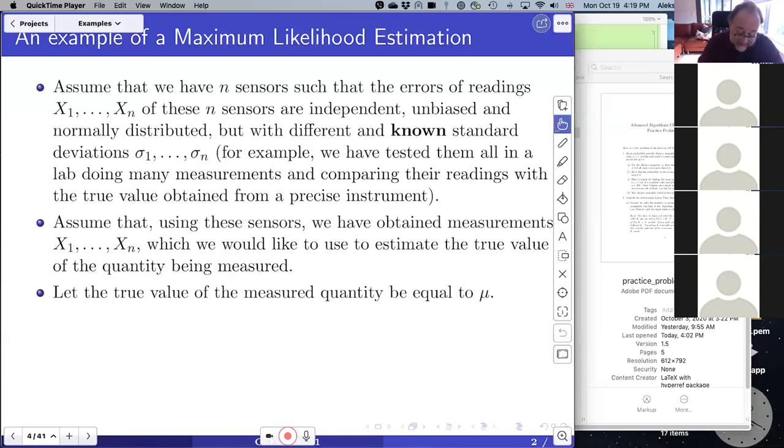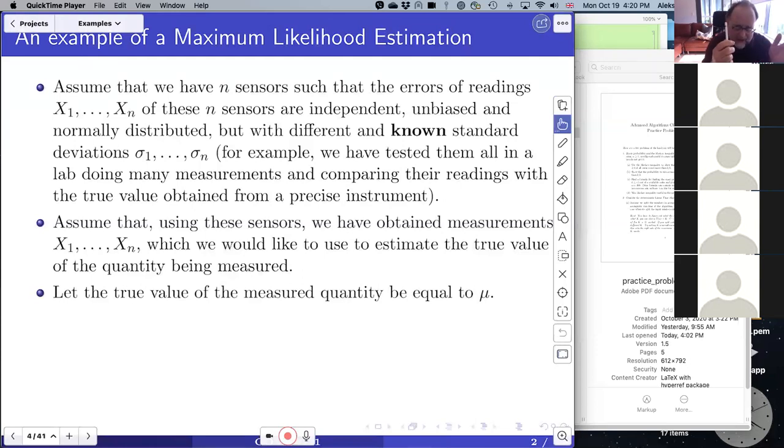So that's the reason why in our work we often make the assumption that the noise will be Gaussian or normally distributed, right? Gaussian, because in real life, the noise comes from a large number of independent factors.